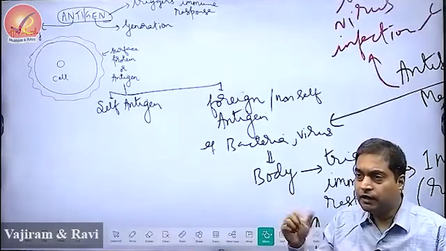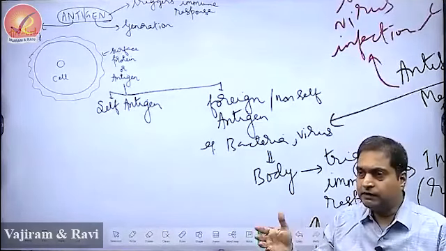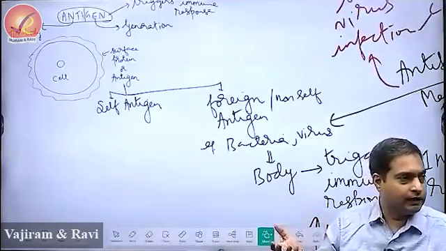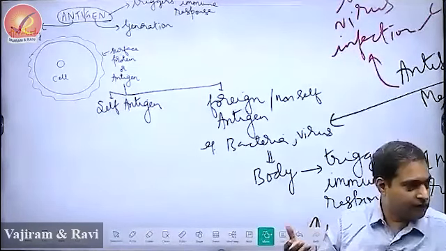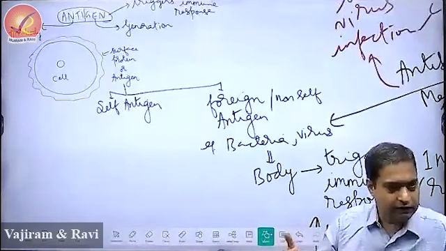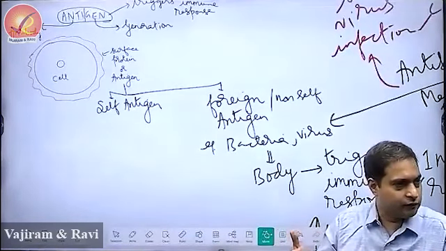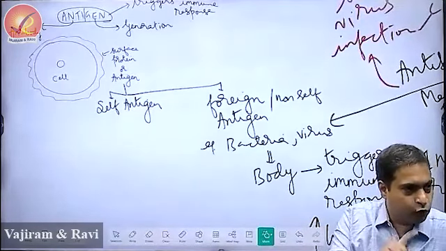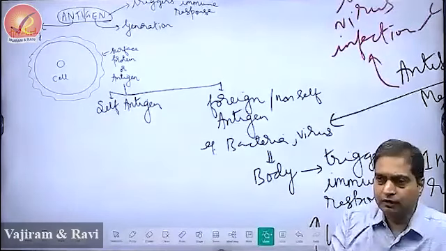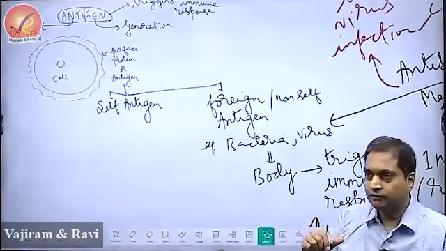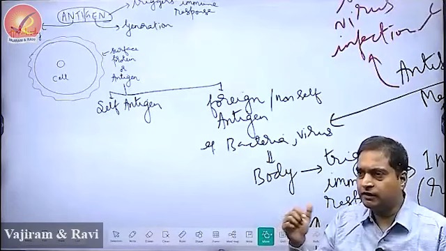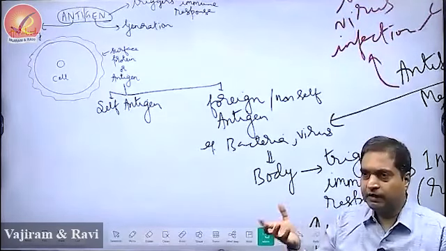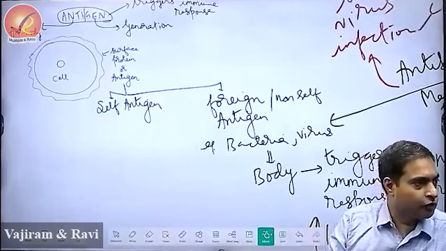That is the reason why during organ transplantation, like kidney transplantation or liver transplantation, if you have to select a donor, that donor should be biologically compatible with similar antigen to prevent what? Immunorejection, for better acceptability and compatibility in your body.